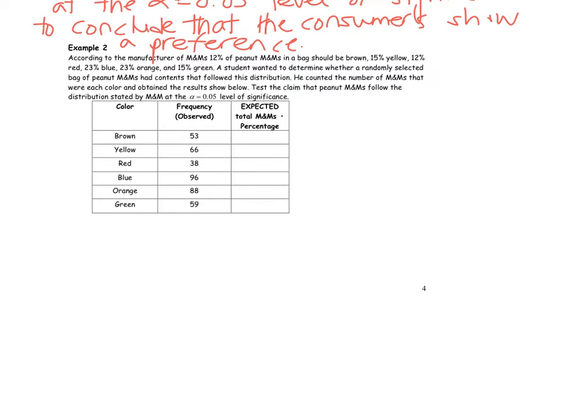A student wanted to determine whether a randomly selected bag of peanut M&Ms had contents that followed this distribution. He counted the number of M&Ms of each color and obtained the results shown below. Test the claim that peanut M&Ms follow the distribution stated by M&M at the alpha equals 0.05 level of significance.